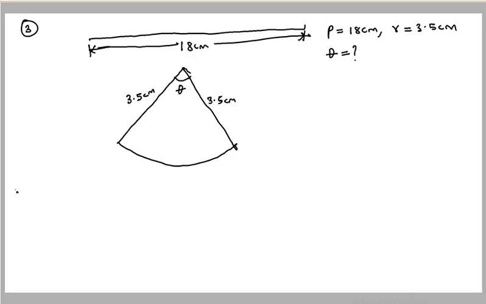From the formula of perimeter of sector, P is equal to 2R plus theta over 360 times 2 pi R.